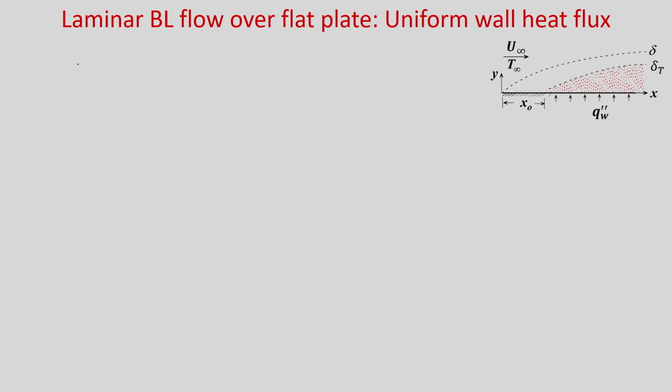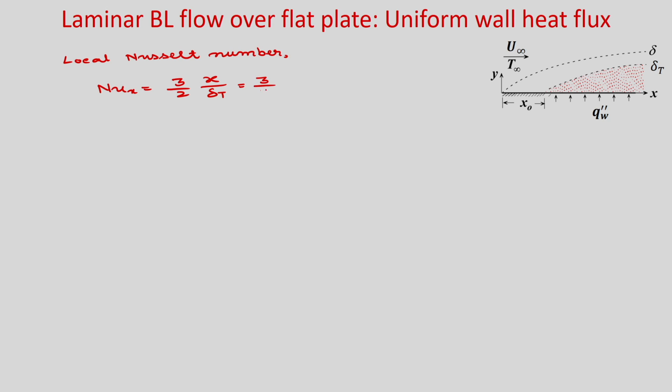Now, let us find what is the local Nusselt number. Already we have written the local Nusselt number in terms of the thermal boundary layer thickness. So, if you remember, we have already derived this expression, local Nusselt number Nu_x as 3 by 2 x by delta t. Okay. And now, we know the expression of delta t by x.